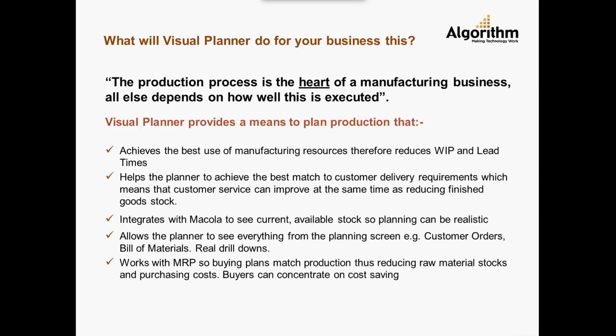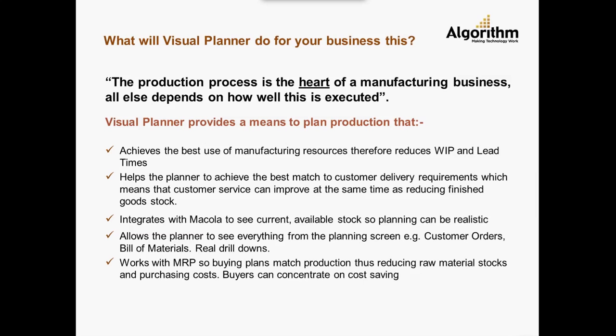So what will Visual Planner do for your business? Well, like all our customers, I think you would agree that production is really the heart of any good manufacturing business. So how well you execute production depends greatly on how you do that.